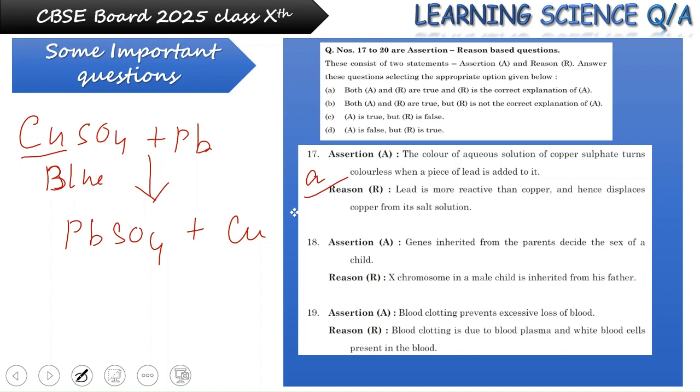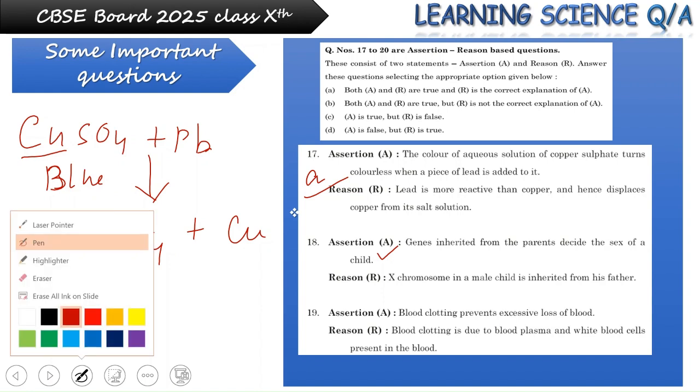We have discussed in the last class also that we have a complete set of chromosomes in the male parent and a female parent, and when a new child is being born, they get genes from both the parents, or you can say they get chromosomes randomly from both the parents, and in this way the complete set of chromosomes is made. So the first statement is a true statement that genes are inherited from parent and they decide the sex of the child, whether the child will be male or female.